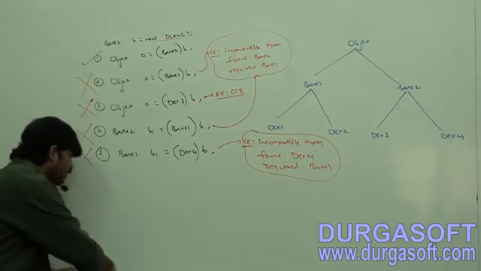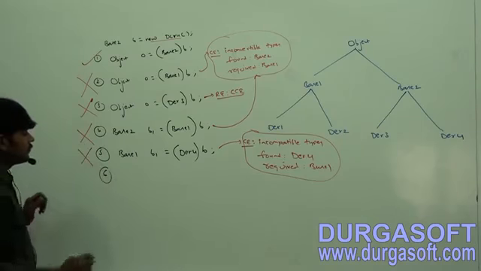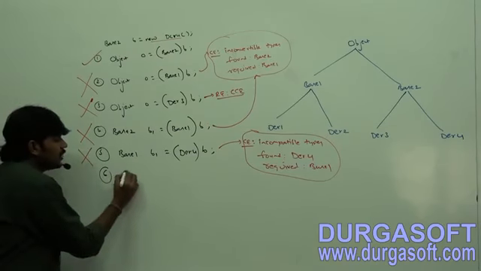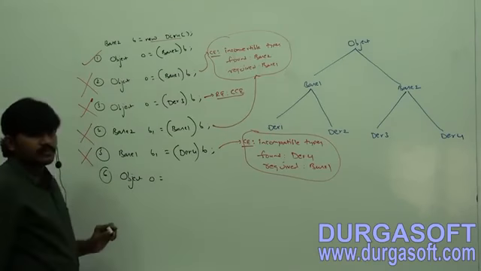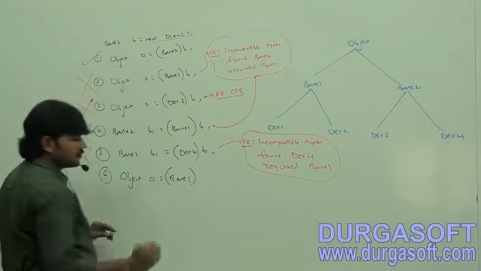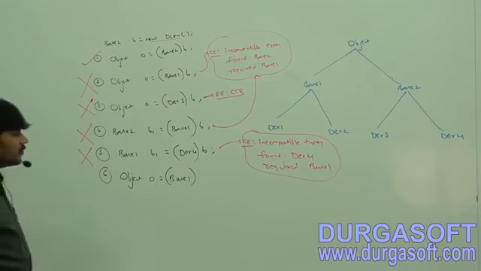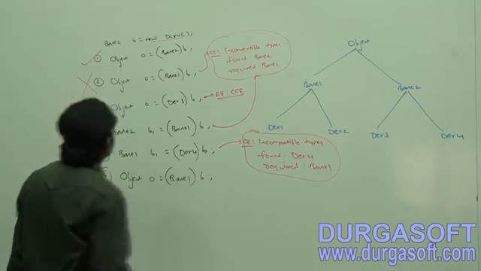Next, let me add 1 or 2 more options. Here I am taking Object o = (Base1) b.